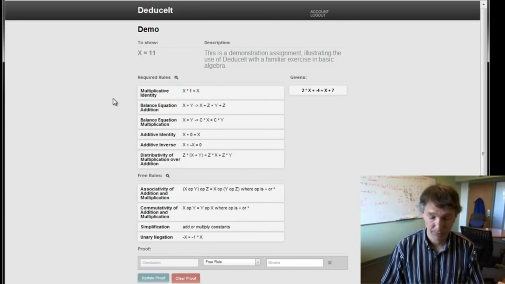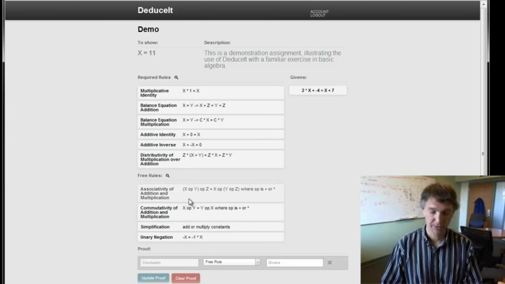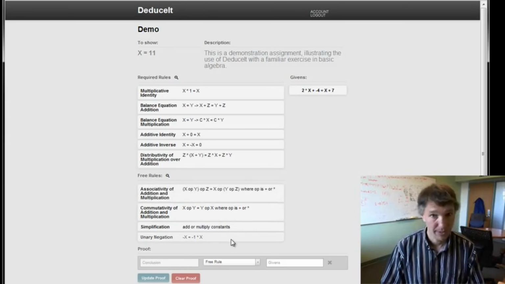We have to show that step explicitly. And then there are some rules that are considered free. These are the rules we don't have to show. So for example, we don't have to show all the steps involving associativity of addition and multiplication. Presumably our instructor has decided we already understand that, and we're allowed to skip over those steps, and the system will try to fill them in. So these rules down here, we can show them if we like, but they're not required. We're allowed to skip these steps.